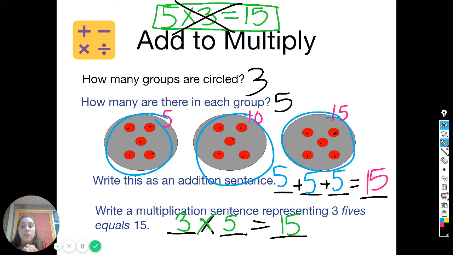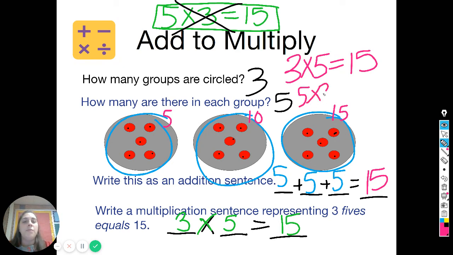So you have to make sure that you're putting it in the correct order, which is why it's so important to say the X as groups of. 3 groups of 5 equals 15. Because if you were to say 5 groups of 3, you'd be like, no, there's not 5 groups. That's not right. Okay? So it's really important that you say that that X is groups of. Okay? The X is what? Groups of.